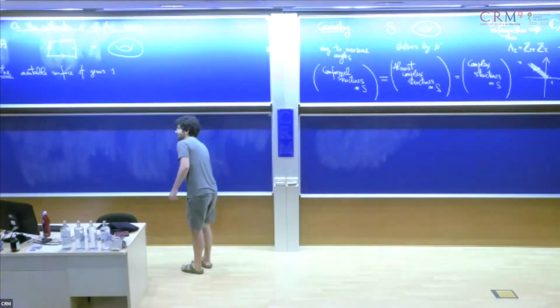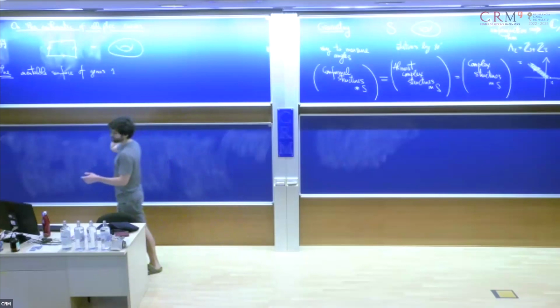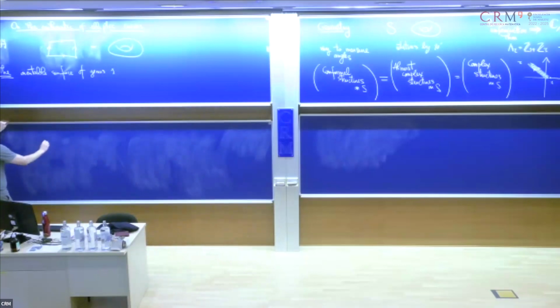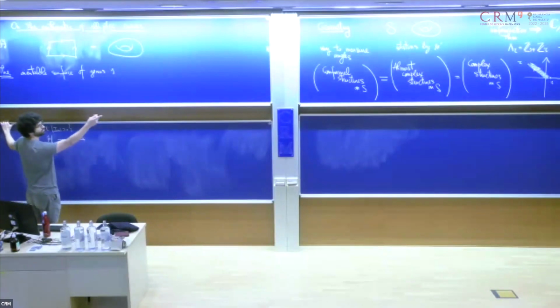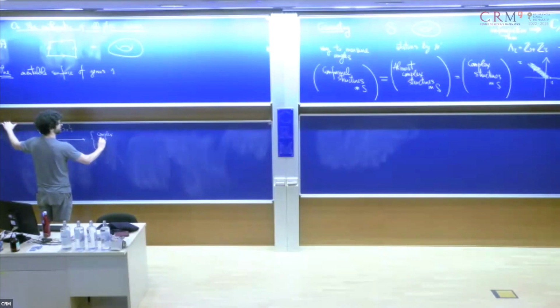Okay, so this allows us to say how many different such structures we can consider. There is this map from H, so I remind you, these are the elements in C with positive imaginary part, to the space of those objects we were already giving a name: these are complex tori of dimension 1.